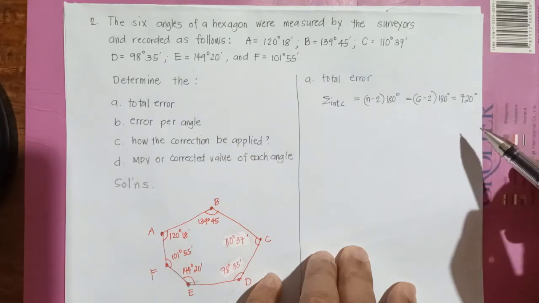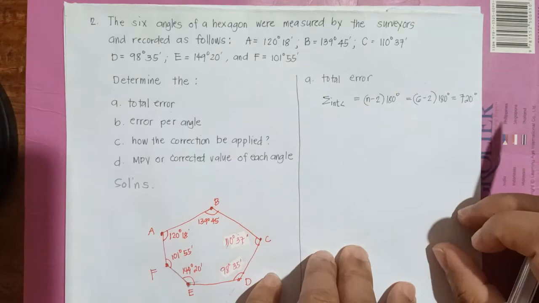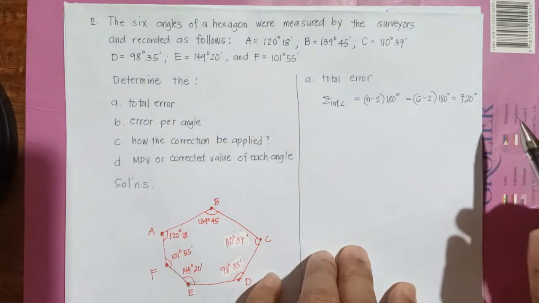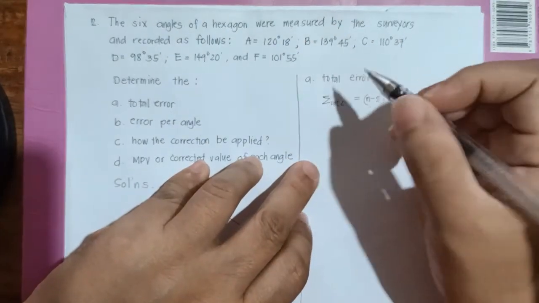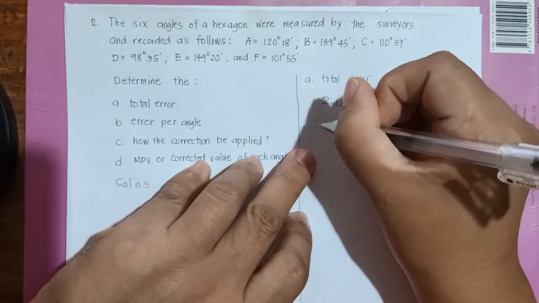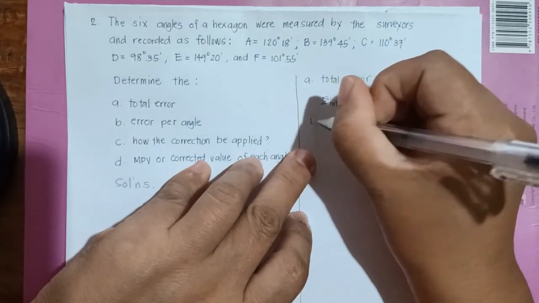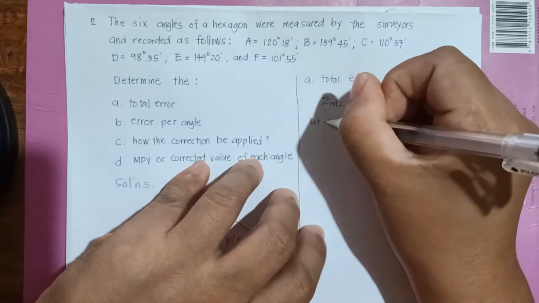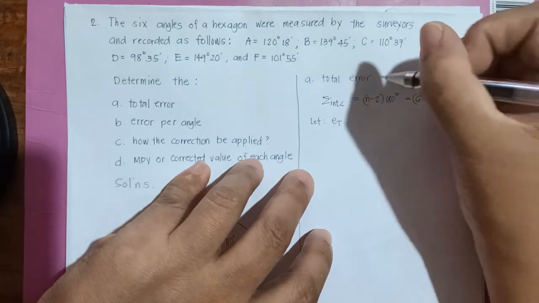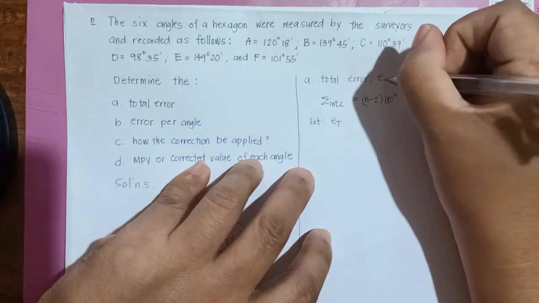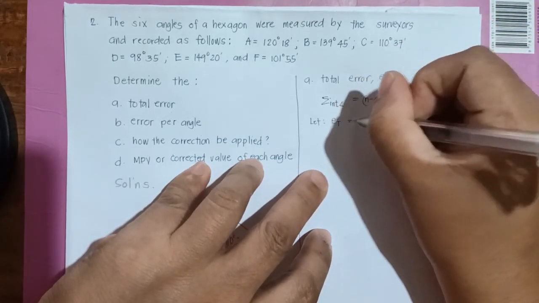So we will solve for what this error is. How to solve it? Let E sub t be the total error.